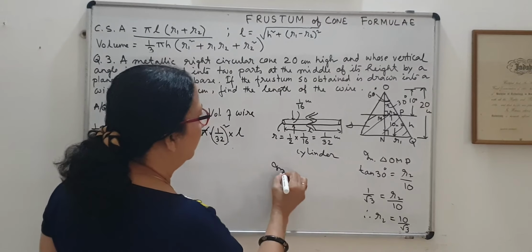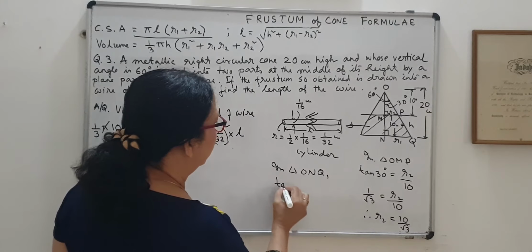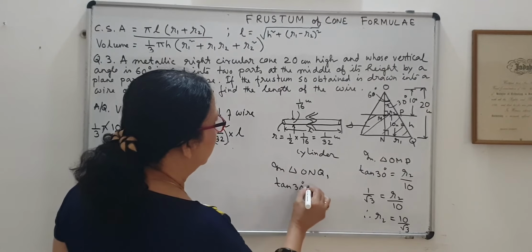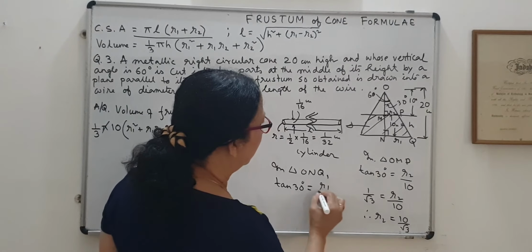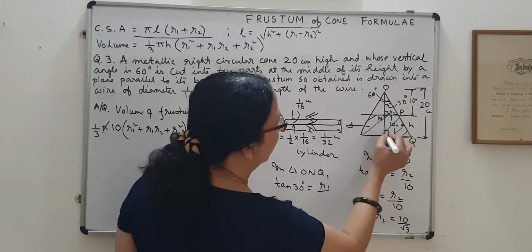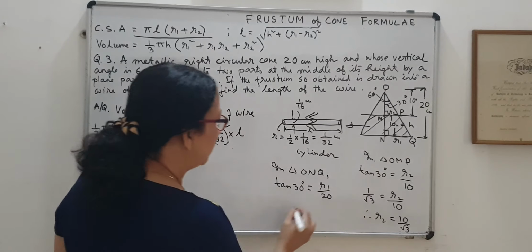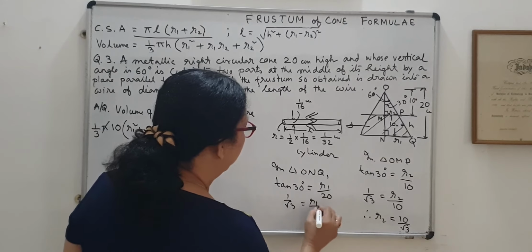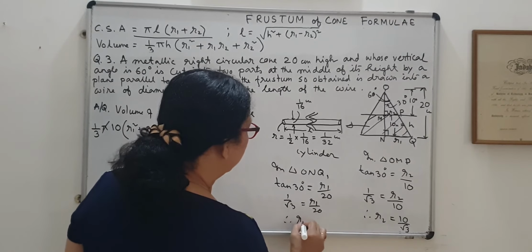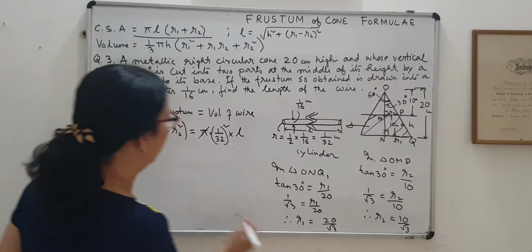Similarly, in the bigger triangle ONQ, tan 30 degree is R1, the perpendicular, by the base ON. ON is 20. By the same process, R1 is equal to 20 by root 3. So I will be using these two values here.